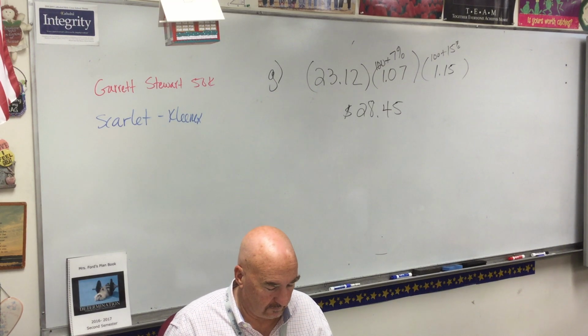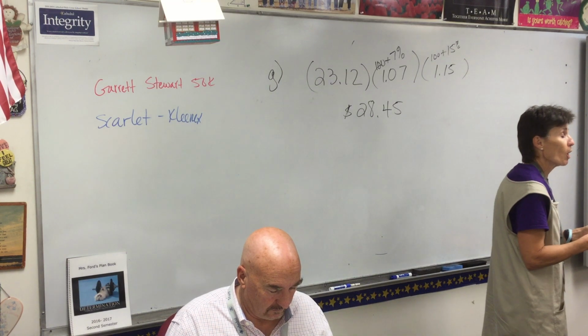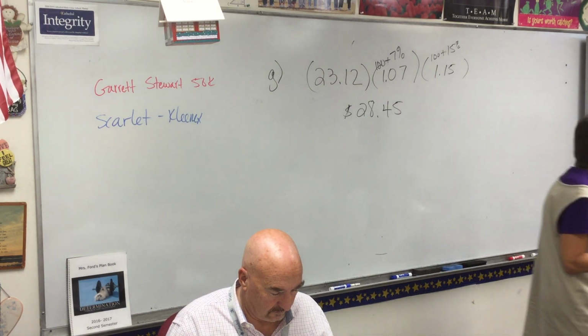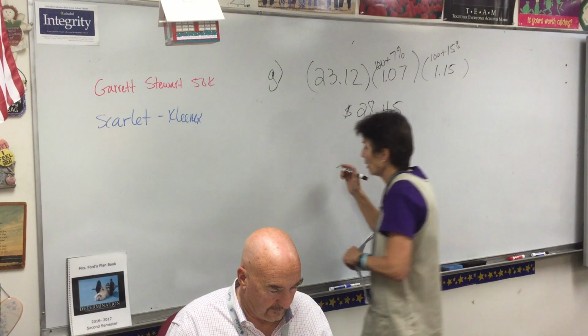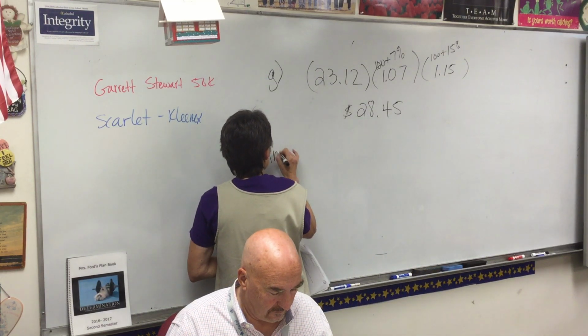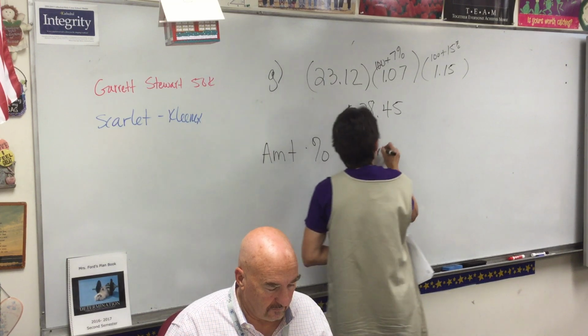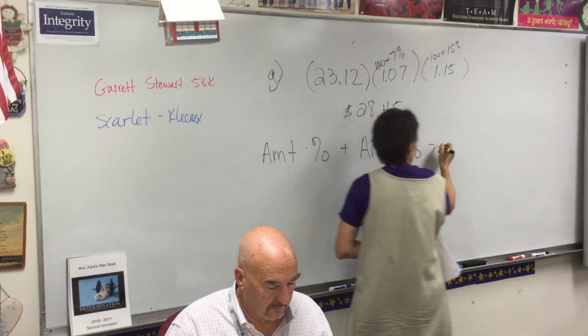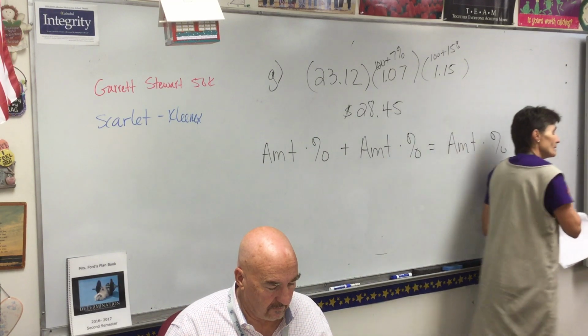Okay? All right. So now we have problems H and I, which are a different kind of problem. And when you read it, you can see, oh, this is a different kind of problem. So what's happening? These are called mixture problems. And mixture problems are very much like a formula. I mean, they're all done exactly the same way.